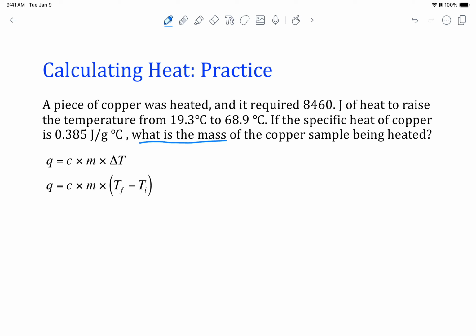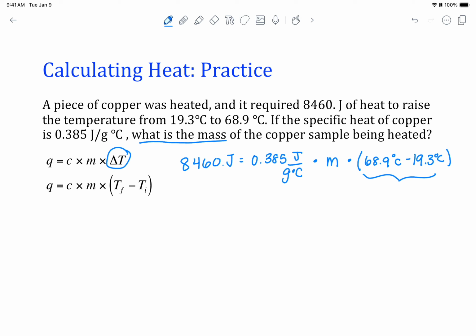Let's see. All of the numbers that we have are in the correct units. The only thing we have to do is calculate our delta T. So we know our Q is 8,460 joules, and that is going to equal our specific heat of copper, which is 0.385 joules per gram degree Celsius, multiplied by the mass, which is what we're looking for, and then multiplied by the difference in the temperature, so 68.9 degrees Celsius minus 19.3 degrees Celsius.